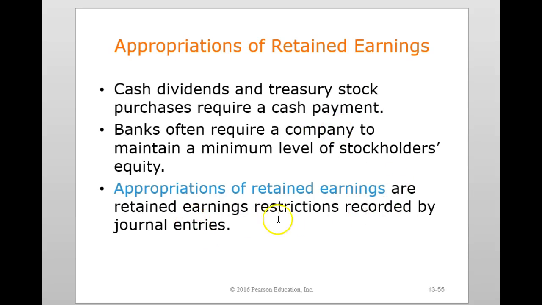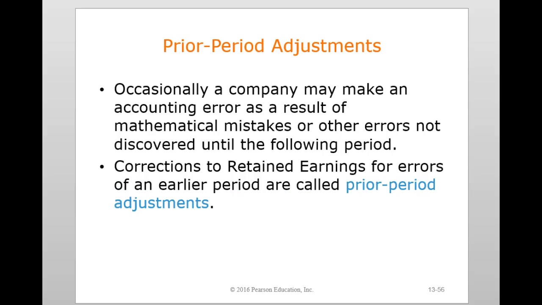And they're retained earnings that are restricted and recorded by journal entries. So just a heads up, appropriations, a lot of times to get a loan, if the company is on shaky ground, there'll be appropriated retained earnings, so that the retained earnings can't go below that. It's very similar to restricted. And it is a restriction, but it's appropriations.